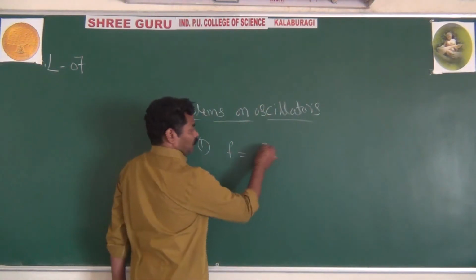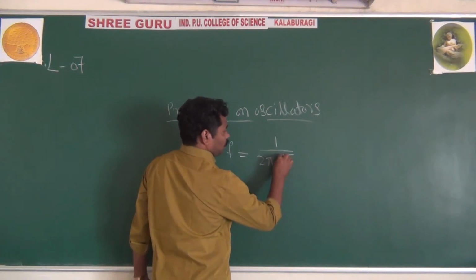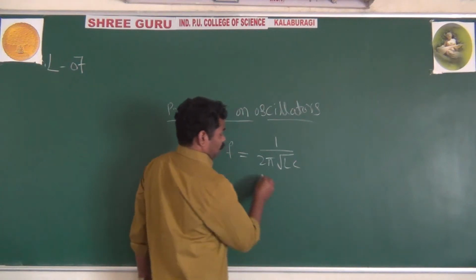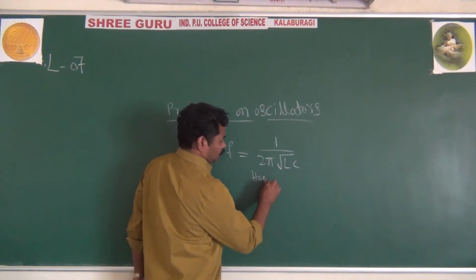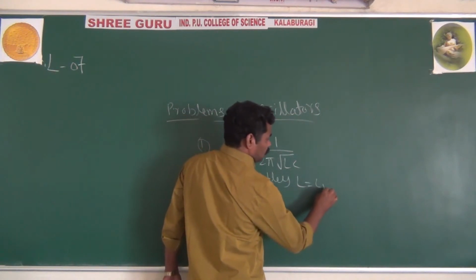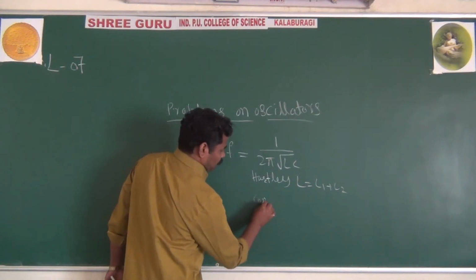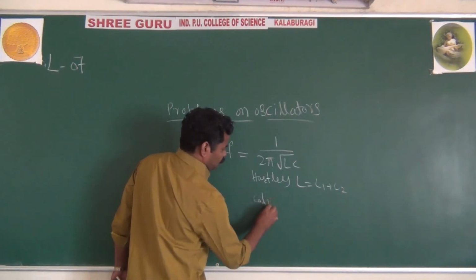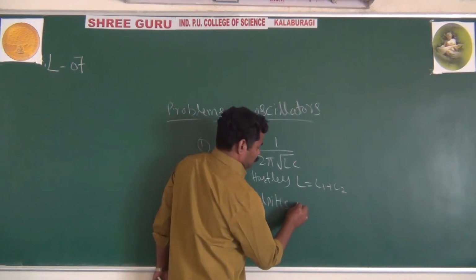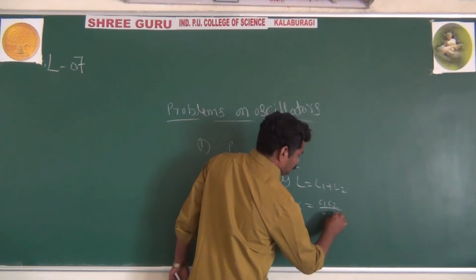That is, f is equal to 1 divided by 2 pi square root of L and C. If it is Hartley, L becomes L1 plus L2. And if it is Colpitts, then C is equal to C1 C2 divided by C1 plus C2.